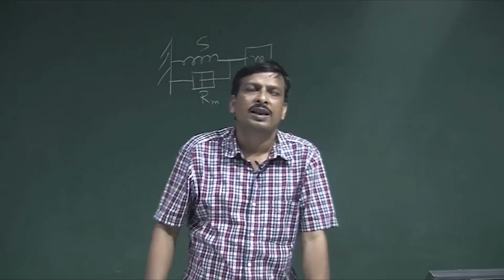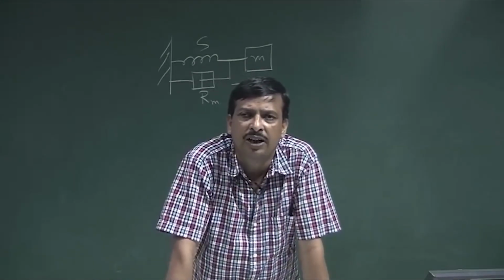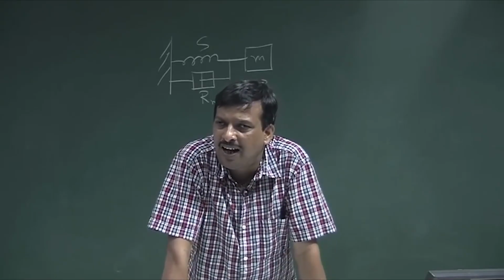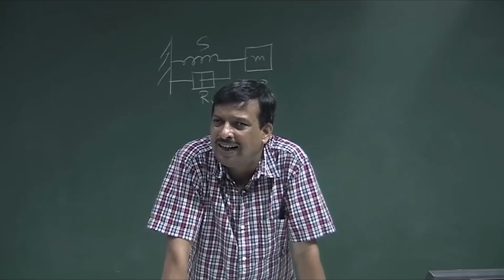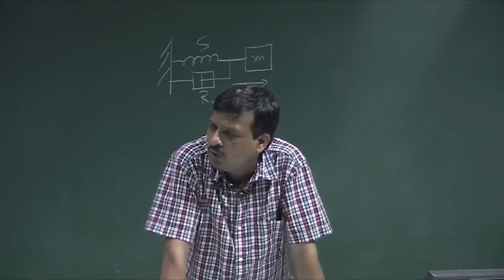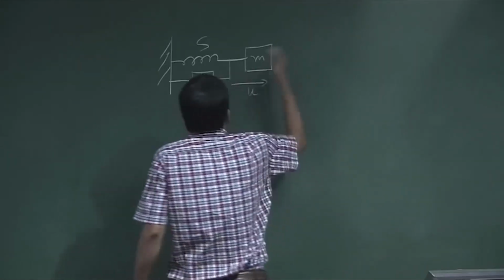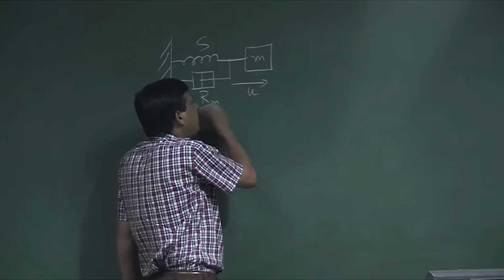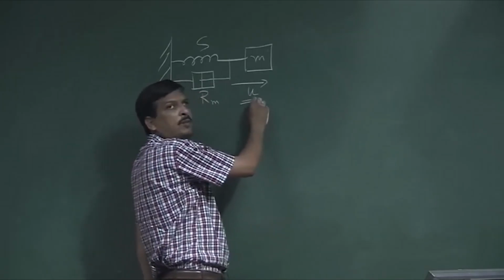So, in this circuit, what am I doing? I oppose the oscillation. That means, as if I am applying a mechanical resistance to that motion. So, the force which is applied to oppose the motion directly stops the motion of that mass.